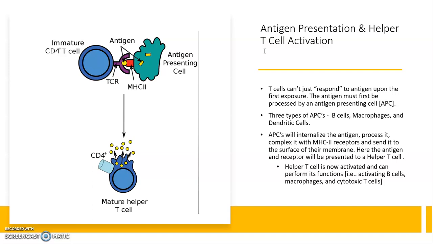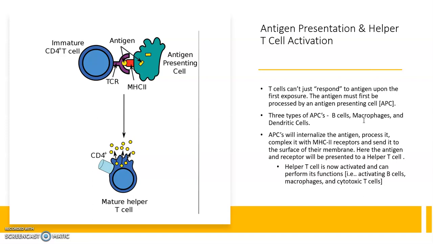And the cells that are going to present them with antigen, or foreign markers, are the antigen-presenting cells. We have 3 different types of antigen-presenting cells, and those would be B cells, macrophages, and dendritic cells. What these cells do is they scour through our body looking for foreign antigen.